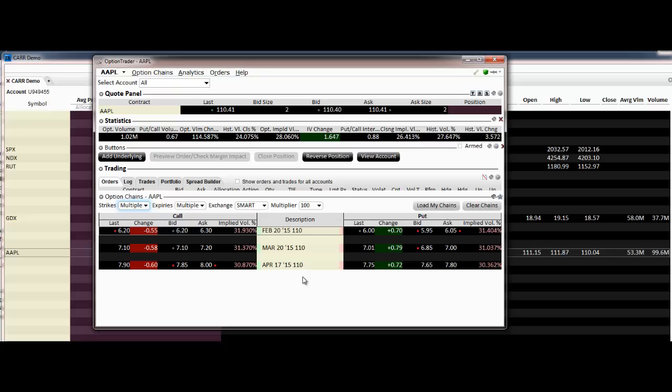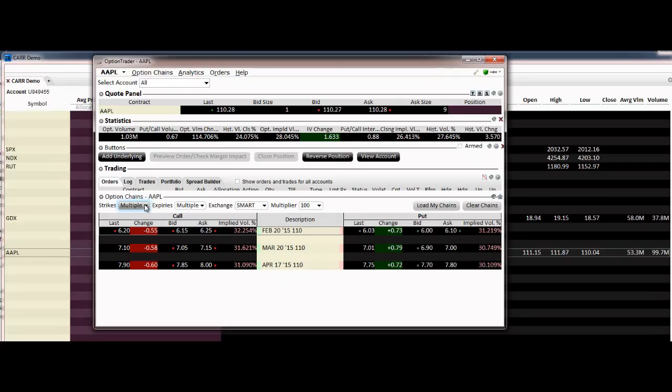Now, here's something interesting, because when I clicked those expiration dates, February, March, and April, I only show the 110 call option. I wanted the 108, 109, 111, and 112, but what this spread is showing me is that those options are not trading at this point. We have to get closer to those expiration dates for those options that are in between the major numbers, 110, 115, 120, and so on, to begin to trade, and they're not trading just yet.